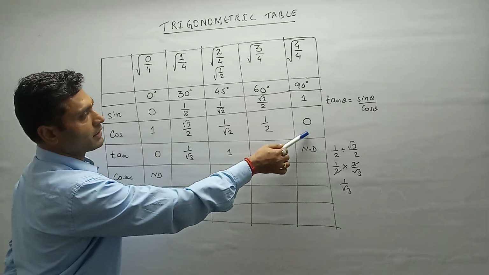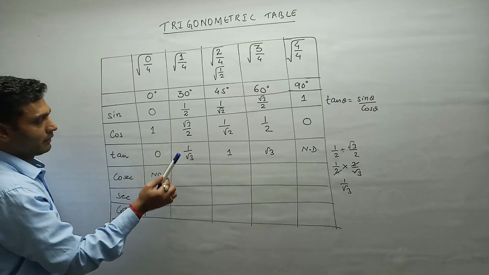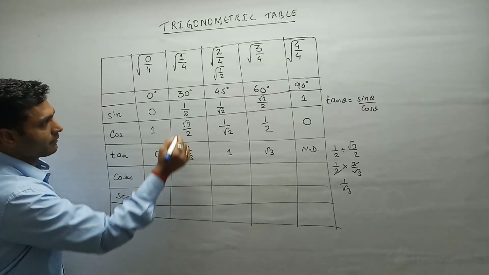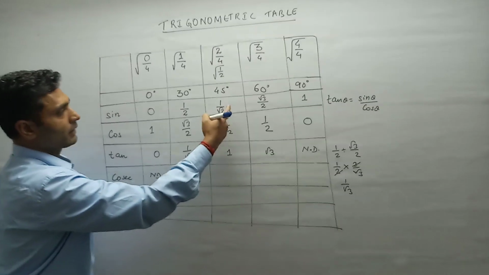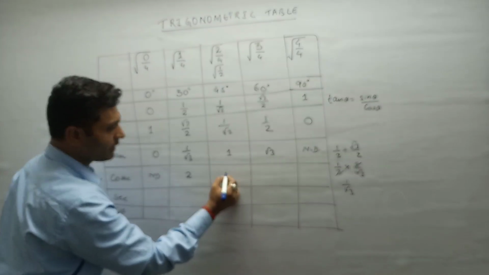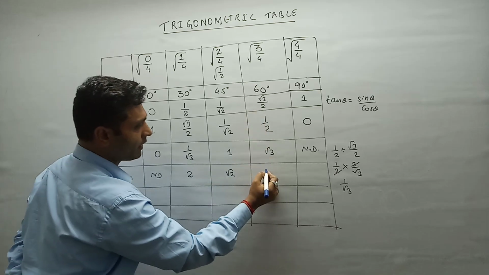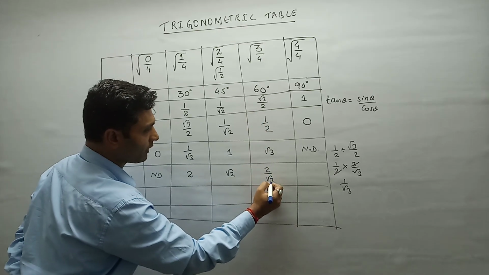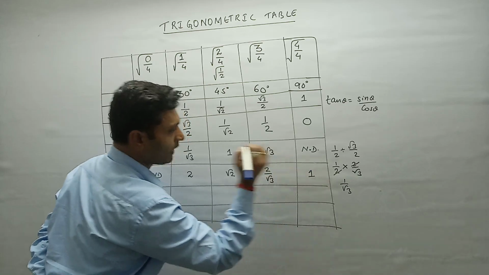Now the reciprocal of half is equal to 2. The reciprocal of 1 by root 2 is root over 2. The reciprocal of root 3 by 2 is 2 by root over 3. And the reciprocal of 1 is 1.